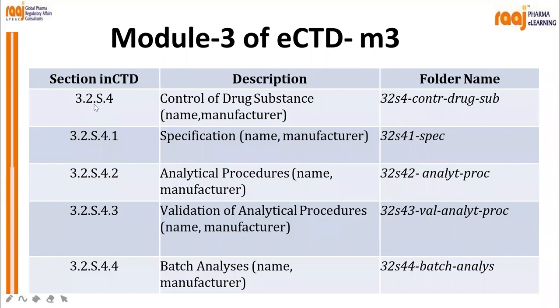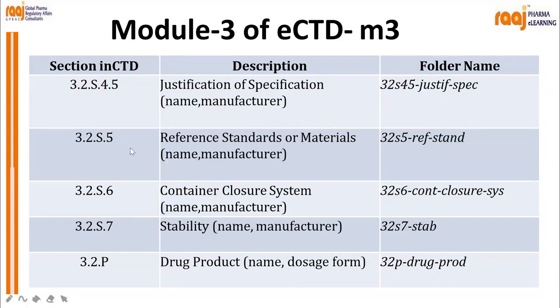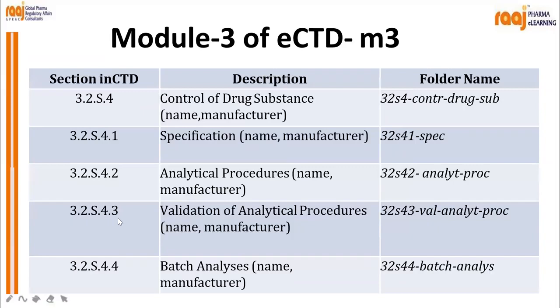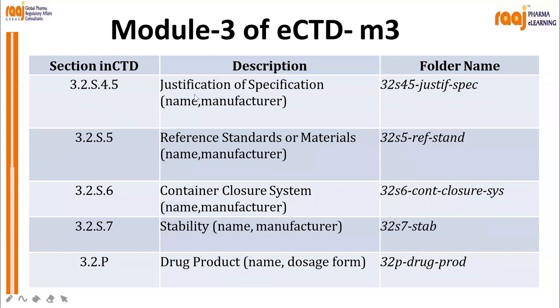Now S4 is further broken into 4.1, 4.2, 4.3, 4.4, 4.5. 3.2.S.4 is divided into 5 subsections. What I mean to say is that it covers specification, analytical procedure, validation, batch analysis, and justification of specification.